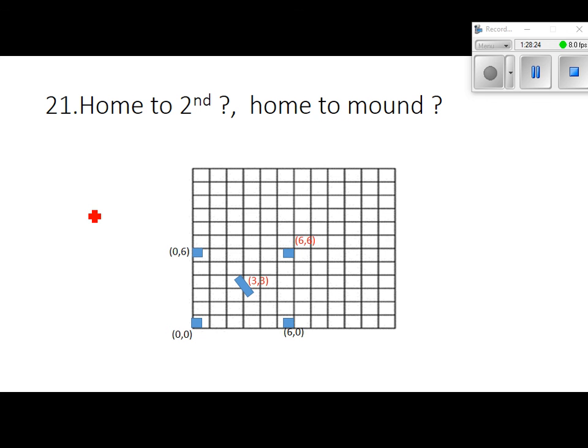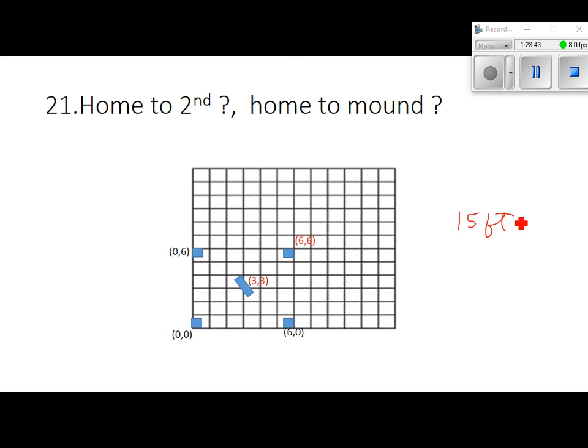Next one, the baseball diamond. How far is it from home to second? I know exactly, but what they're using here, they said that each block counts as 15 feet. They're not going to be exact.